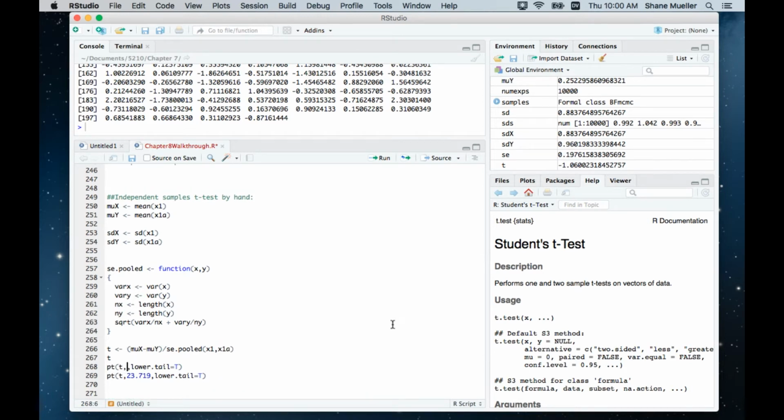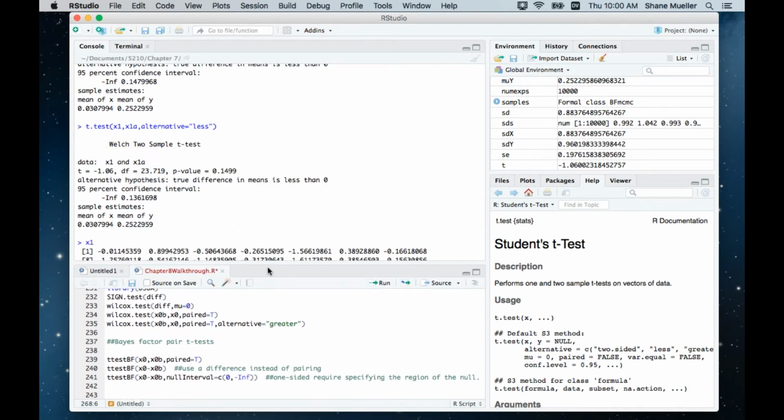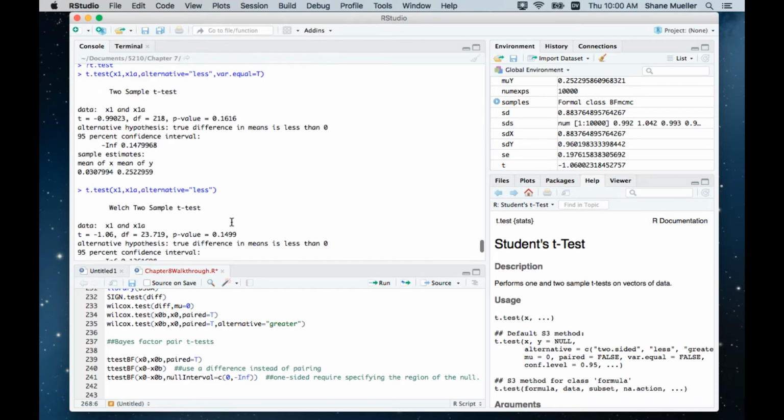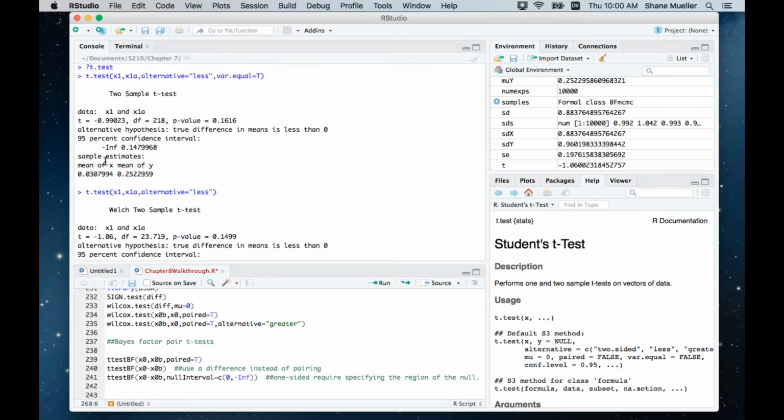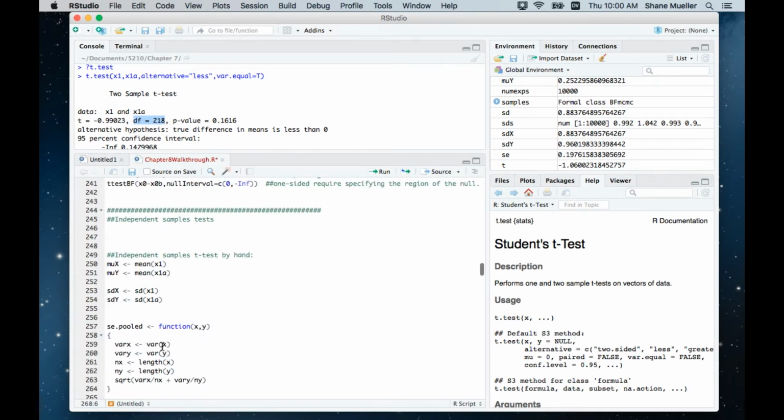If I assume they're going to be the same and use the variance equal, you can see that my degrees of freedom for the variance equal condition was 218, which is 220 minus 2. So that's actually probably what I should have assumed in this t-value.